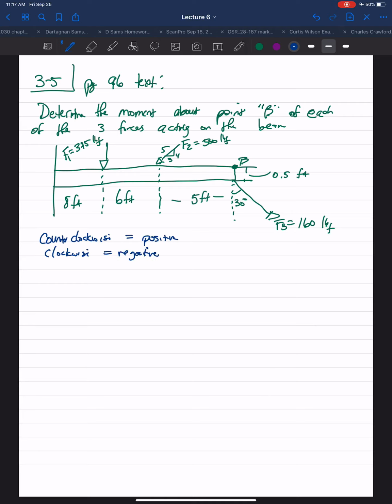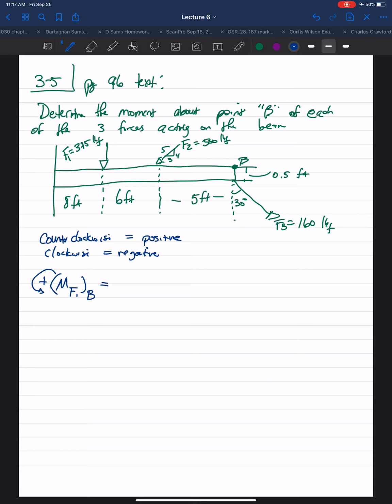So if the force tends to cause a clockwise rotation about the point of interest, the value of the moment is negative. If the force tends to create a counterclockwise rotation about the point, then the magnitude of the moment is a positive value. So my moment caused by F1 about point B, counterclockwise being positive, equals.